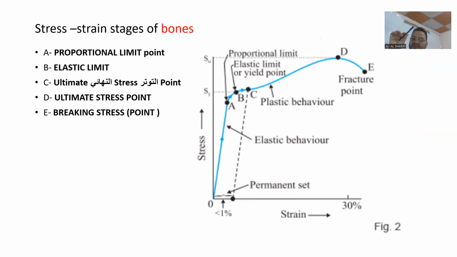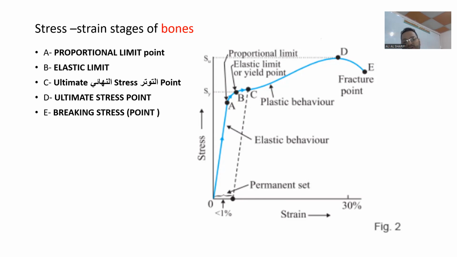All of these stages of the material apply to the bones. By that, any bone, before reaching the fracture point, before reaching the breaking point, will suffer the same stages. First one, the proportional limit point, which we describe using Hooke's law because it is almost a line.